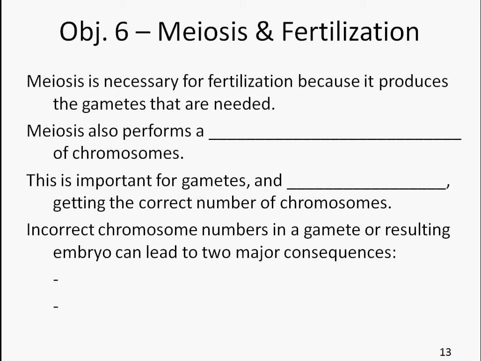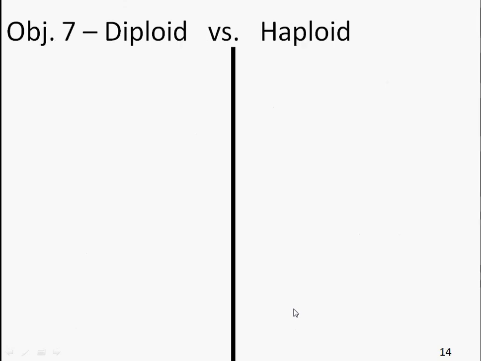If the sex cells that created us had too many or too few, we would have 45 or 47 chromosomes. Incorrect numbers of chromosomes in a gamete or resulting embryo has basically 2 major consequences. Either the embryo does not exist, it just terminates, so the person is never a person, or it can lead to genetic disorders. And these other 2 slides we will cover in class.